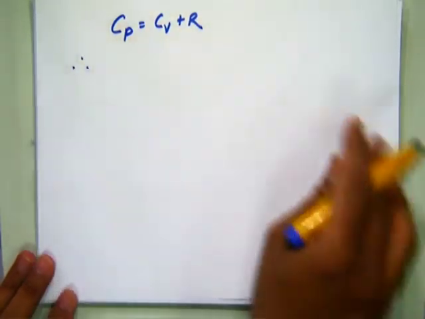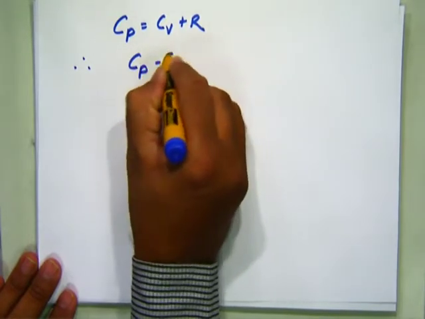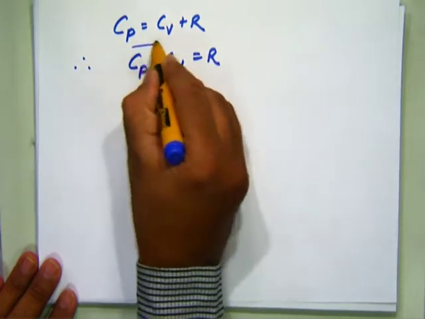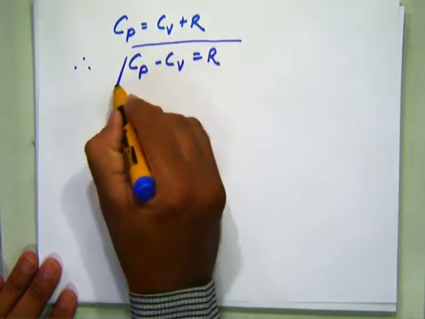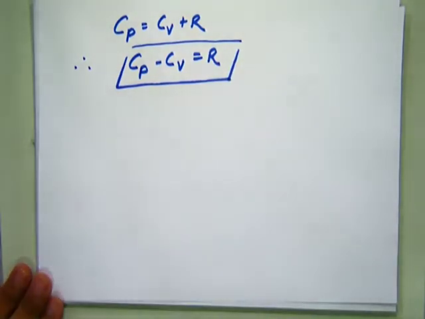hence Cp minus Cv is equal to R. This is the first relationship between Cp and Cv that we have established.